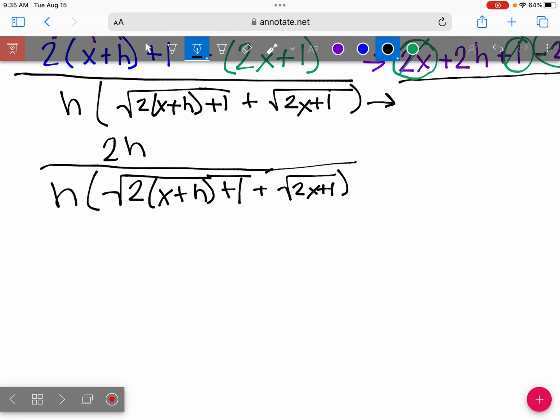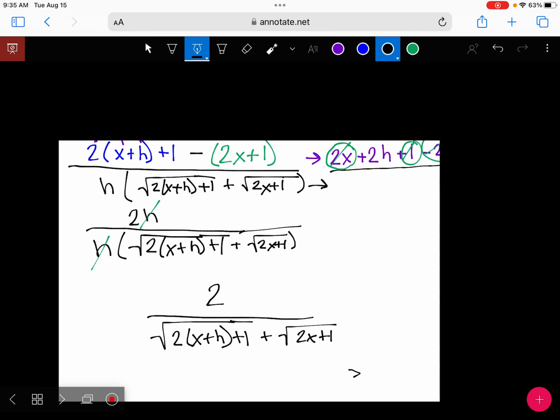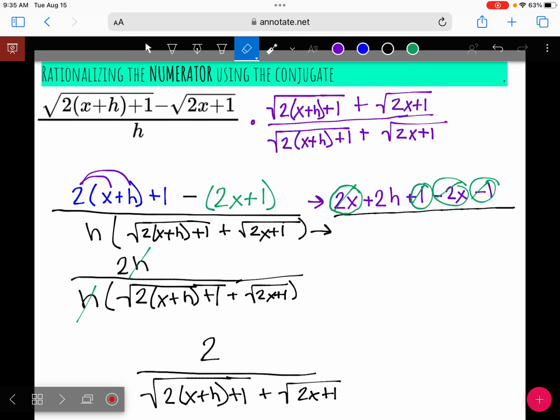What can I do here? Cancel the h's. I've got an h on the top and an h on the bottom. And we have our answer. 2 over whole hot mess of crazy. Square root of 2 times the quantity x plus h plus 1 plus square root 2x plus 1. And it does not look better, but it is. It's a lot of pieces. It's all about that conjugate.